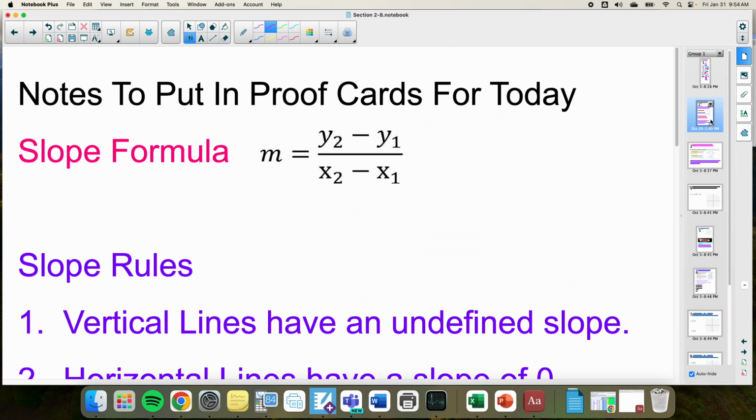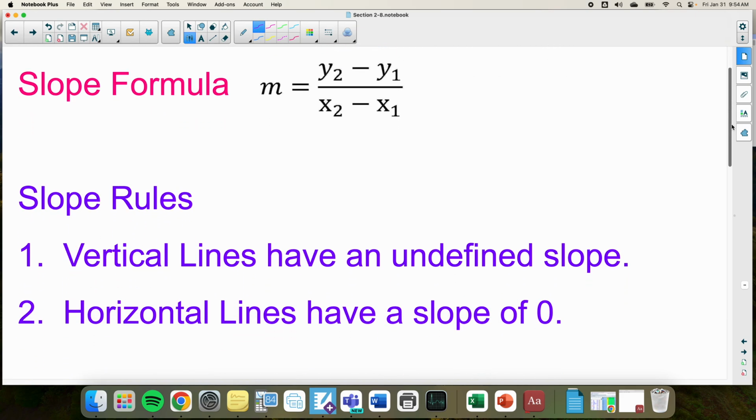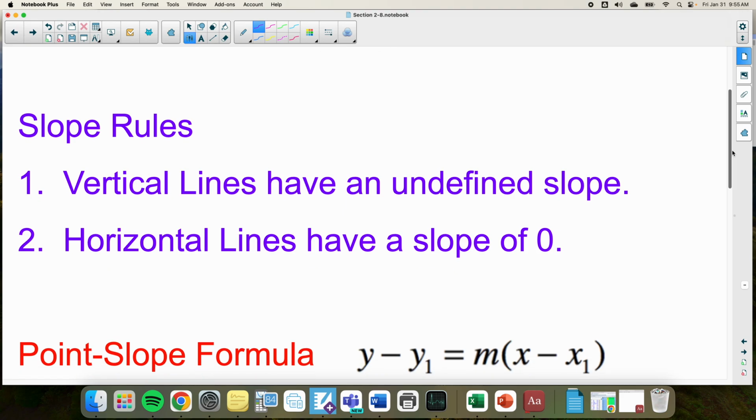Okay, now, this says put in your... I used to make kids do this before. I don't know why I don't do this anymore, but I give you guys formula sheets now, and in the past I didn't. So this is all on the formula sheet that you have. So the slope formula will be there. This will say vertical lines and horizontal lines.